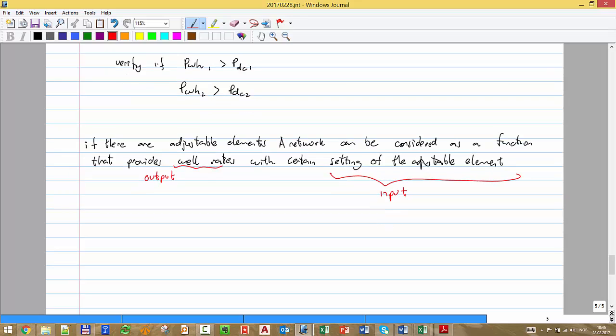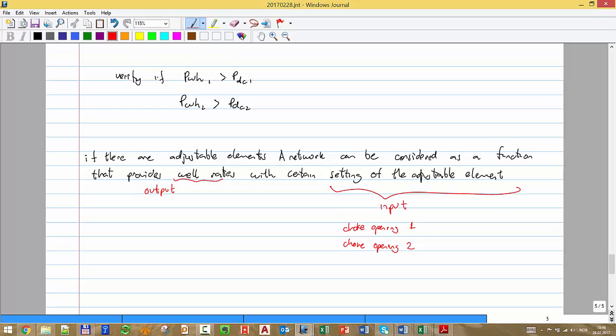Okay, that means if I say choke opening, okay, I have 2 wells in my system, choke opening 1 and choke opening 2, then I can calculate what will be the rate of each well. Okay, if I have 2 pumps rotating, I give the rotational speed of pump 1, rotational speed of pump 2, and I can calculate how much. So you can see like a function.